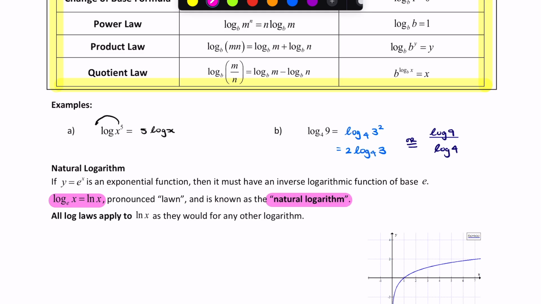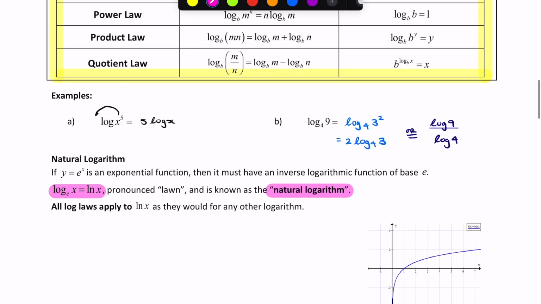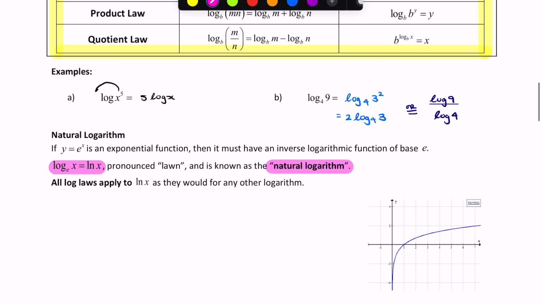All log laws apply to ln x as they would for any other logarithm, except that we're using this for anything with a base e.